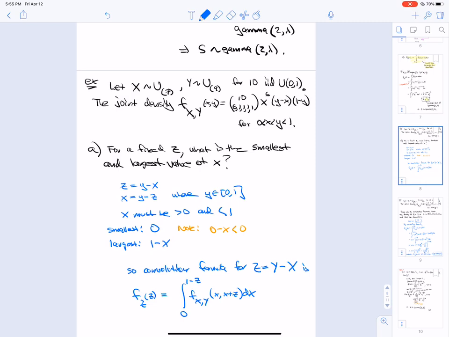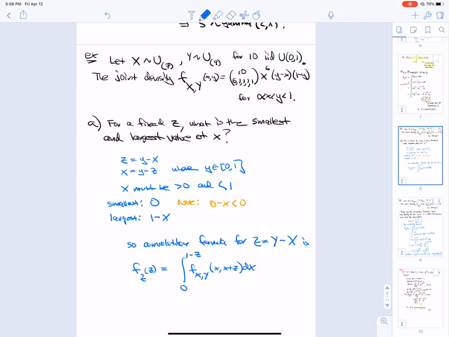And so you can ask yourself, for fixed z, what's the smallest and largest value of x? So z is y minus x, so x is y minus z, and z is fixed. Y can be anything from 0 to 1, right? So now x must be between 0 and 1.